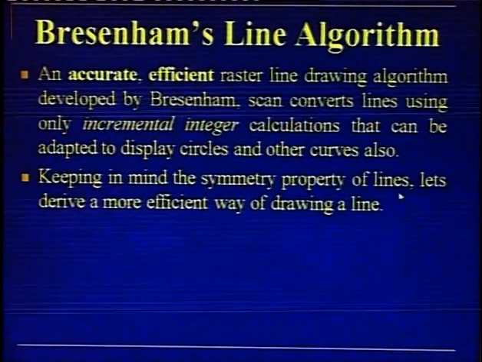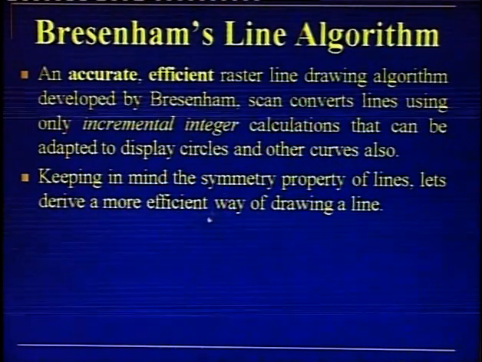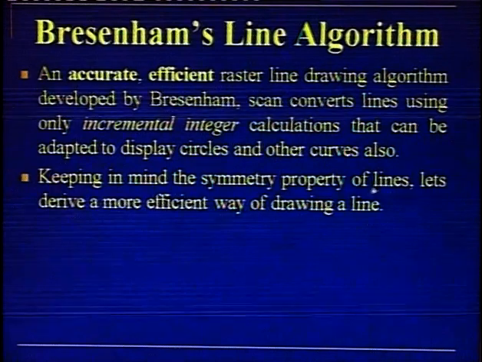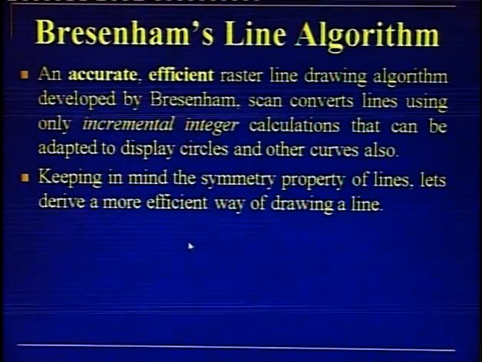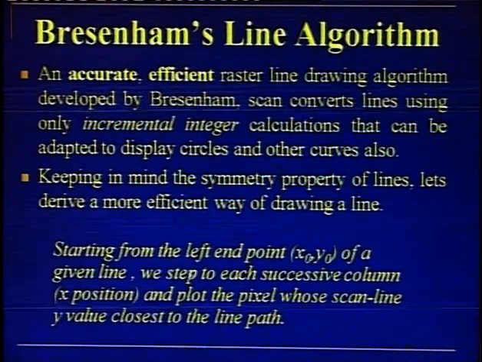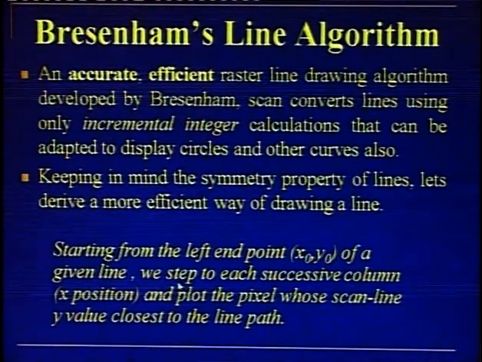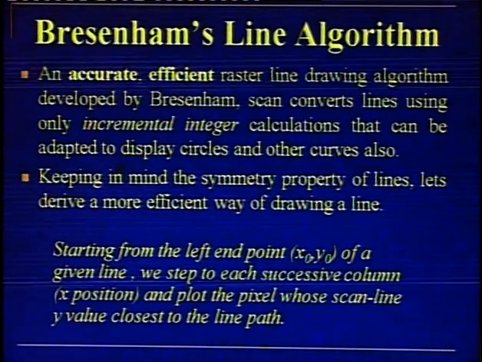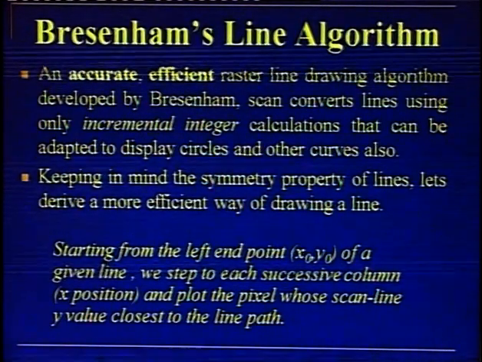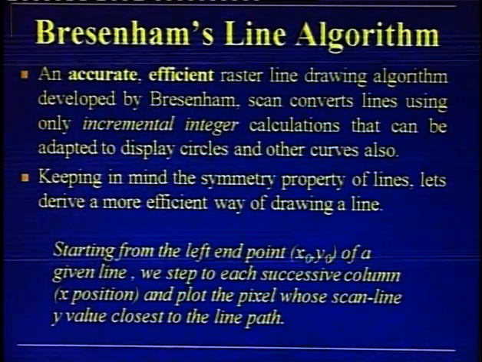The symmetry property of lines is used in this algorithm for a more efficient way of drawing. Starting from the left end point of a given line, step to each successive column in the x direction and plot the pixel whose scan line y value is closest to the line path.